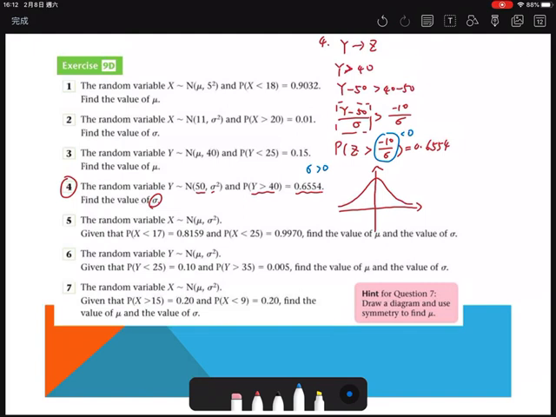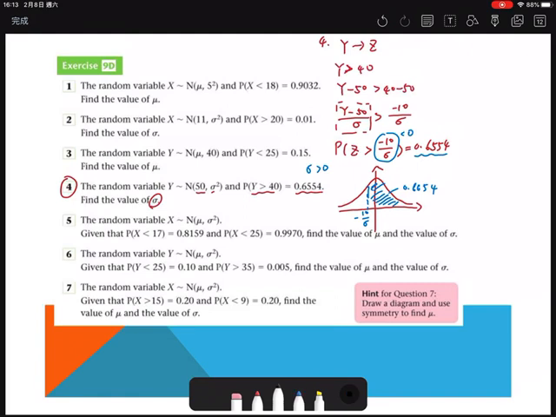Then the region greater than it has probability 0.6554, which is over 0.5, so this value is on the left hand side. So this is negative 10 over sigma, and this region is 0.6554. However, from the table we do not have the corresponding value for negative 10 over sigma.